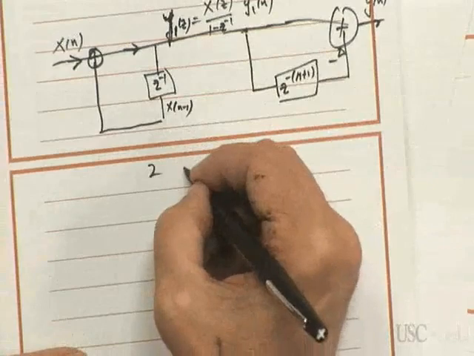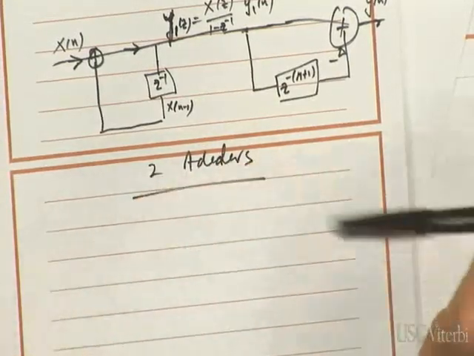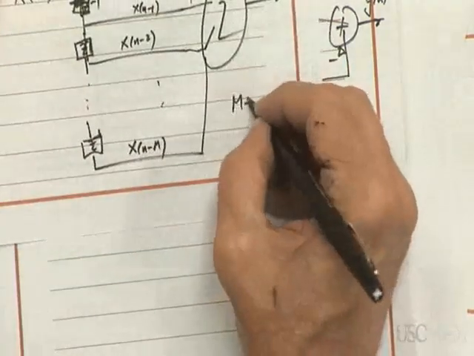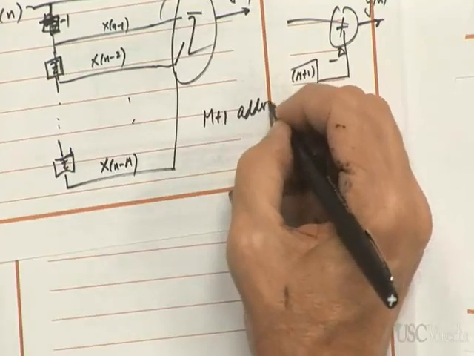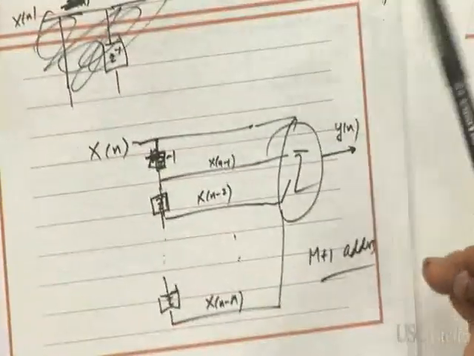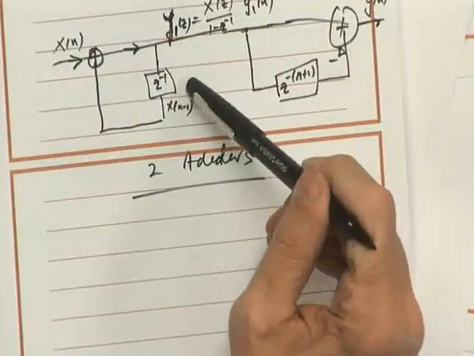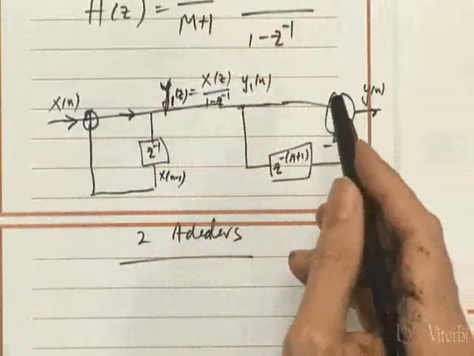So this is done with 2 adders and some memory, versus m plus 1 adders here. Or I think it's m adders, but who's counting, you know? So here's a case where this actually requires fewer adders.